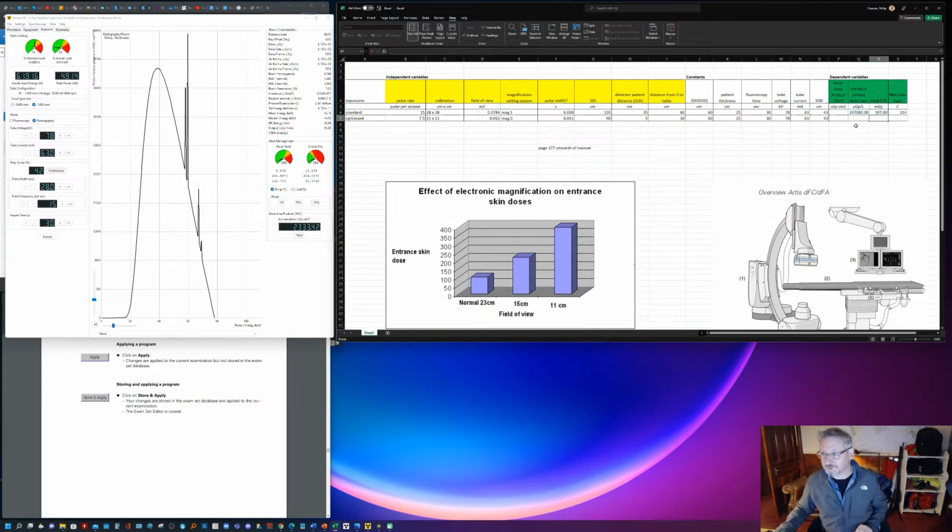So 197 milligray per second, because microgray is a very tiny number. So that's not totally ESD. If we multiplied that by 30, then we'd get the total entrance surface dose. So multiply that by 30. Put that in brackets, and then multiplied by 30 seconds. Oh, put 8 there.